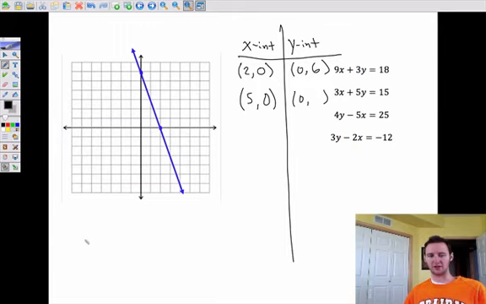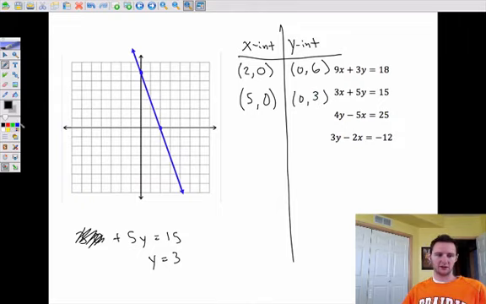So in my equation, I'm going to do 3 times 0 plus 5y equals 15. That cancels out. 5y equals 15, so y equals 3. And this is 0, 3. So next go to your graph and plot these 2 points at 5, 0 and 0, 3. And there's the line.